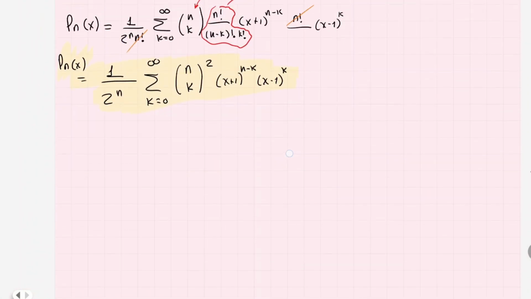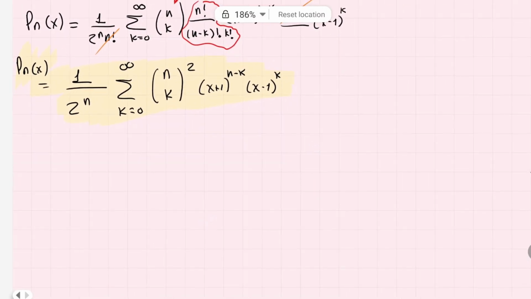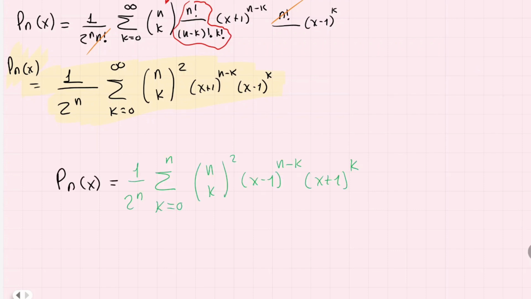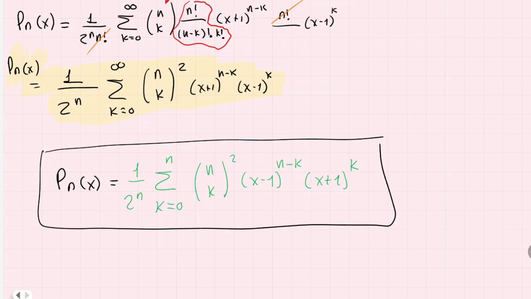And again, that will be a good exercise for you to do. If you do that, you are going to get this result over here. Look, that is actually very similar to what we have done. We just need to switch x minus 1 to here and x plus 1 to here, and we get that.